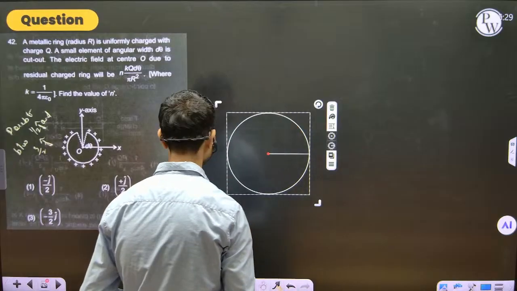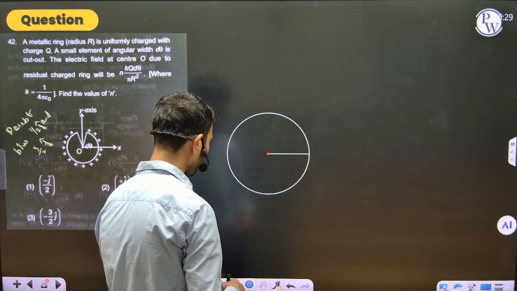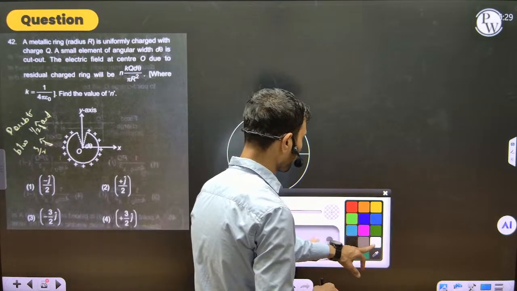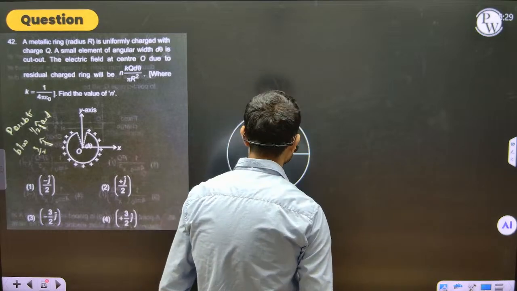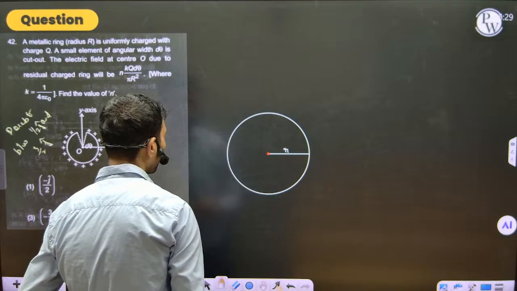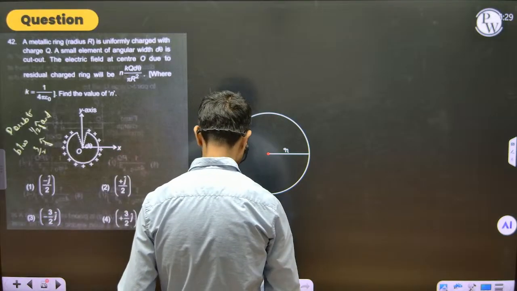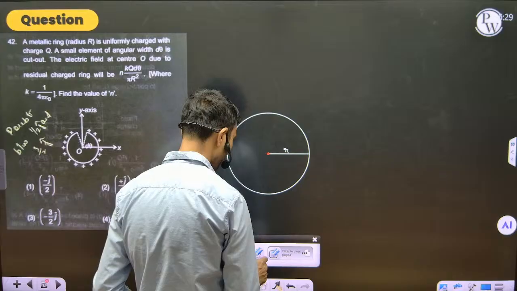So I have drawn a circle of radius r, with the center also shown. What I'm going to do is cut a small portion out of it.